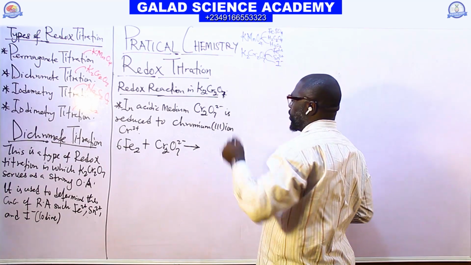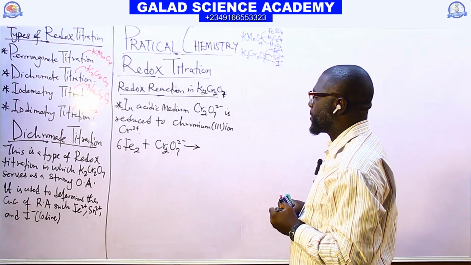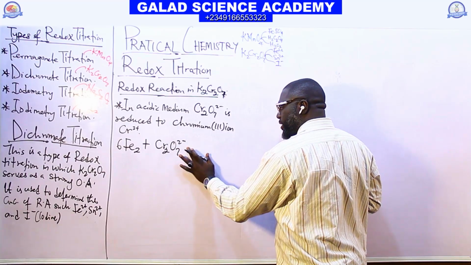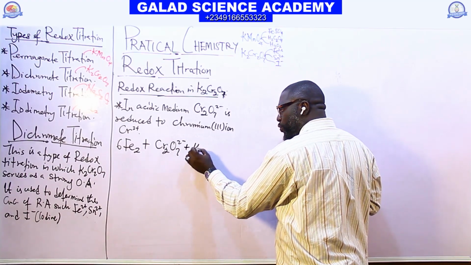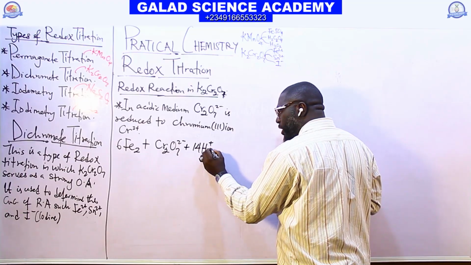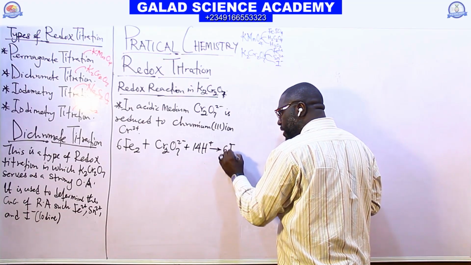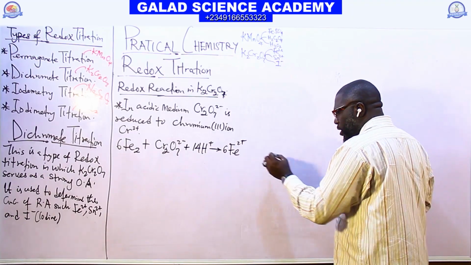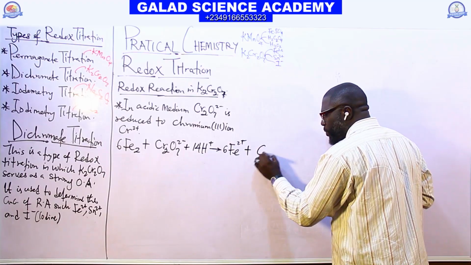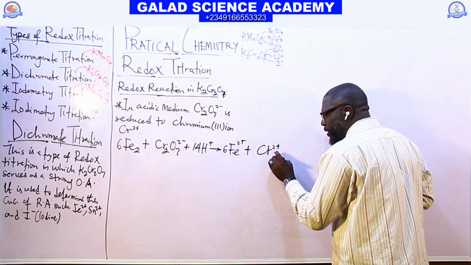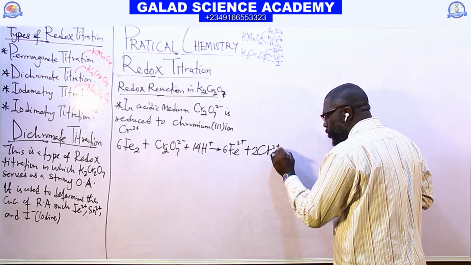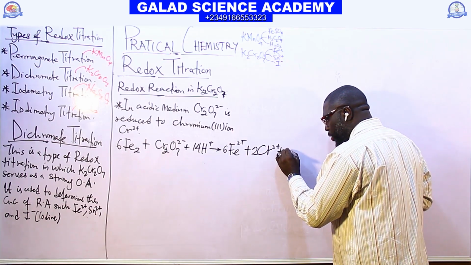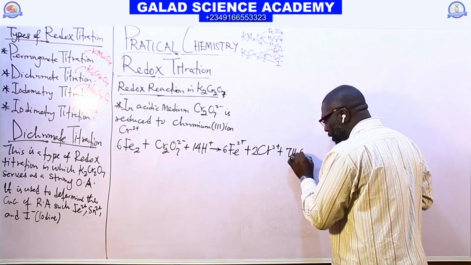Let me balance it straight. Plus 14 hydrogen ions with 6 Fe 2 plus gives 2 chromium 3 plus and 7 water molecules.